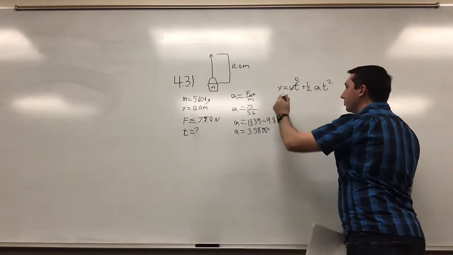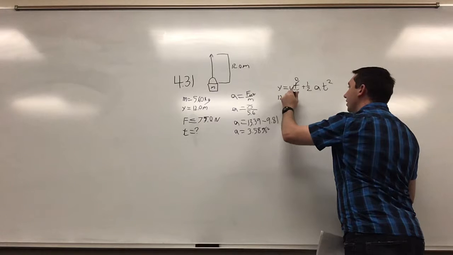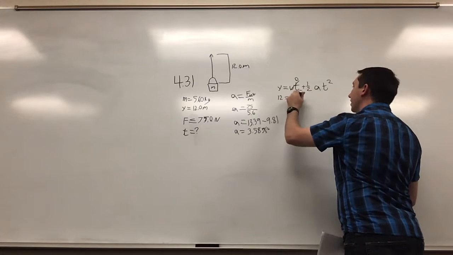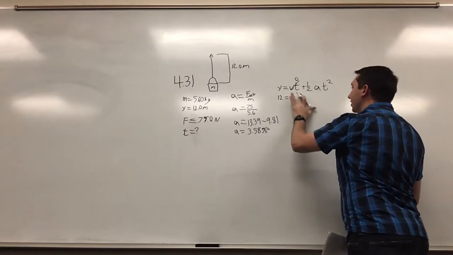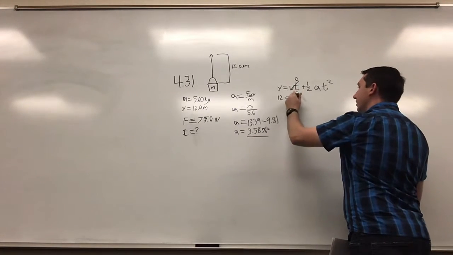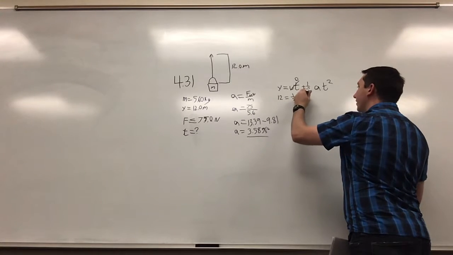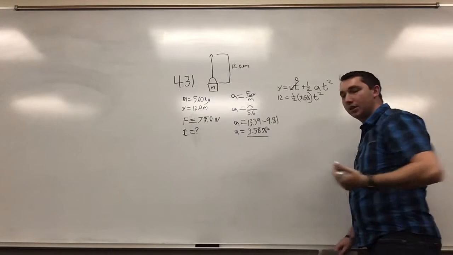We know how far it's moving, so 12 meters is equal to 1/2. We know the acceleration from this problem, 3.58, we're looking for the time squared.